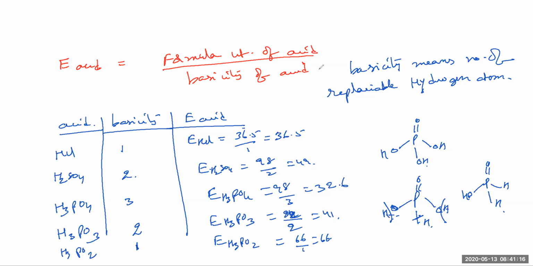That was the equivalent mass of acid, with basicity. Now, next formula, equivalent mass of base. What is equivalent mass of base? Equivalent mass of base is equal to formula weight of base divided by acidity of base.